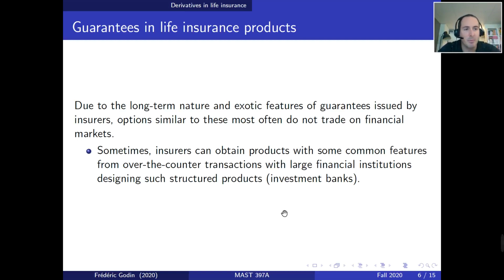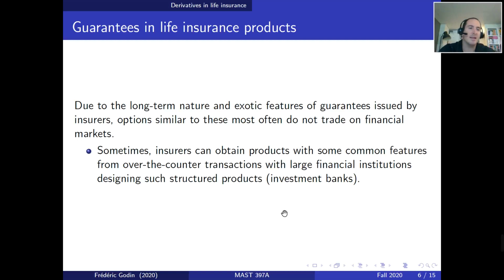This is just an example, but the guaranteed amounts, which often act as the strike price of the option, evolve through time. So in that case, the options or the liabilities behave like exotic options instead of regular options because their strike price or guarantee level might change through time based on the evolution of some risk factors.